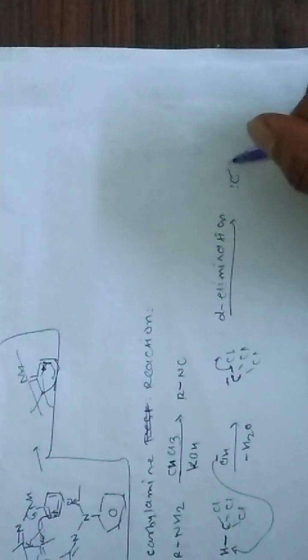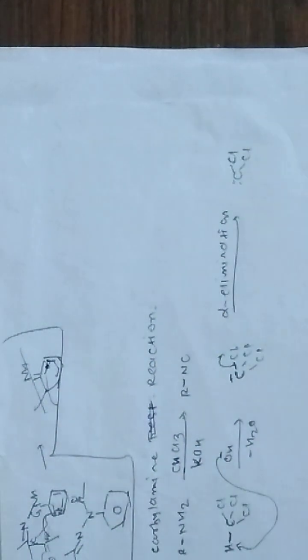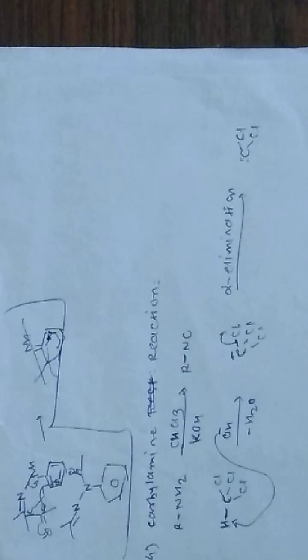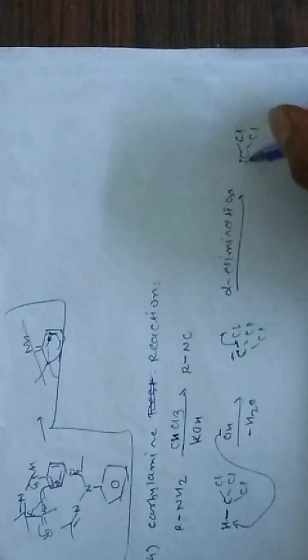That is the formation of carbene, dichlorocarbene. This is an electron deficient species, that is, we can use it as an electrophile. This is the main attacking intermediate we can see in the carbylamine reaction.